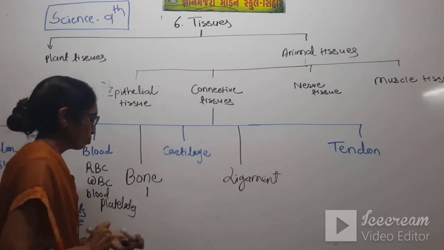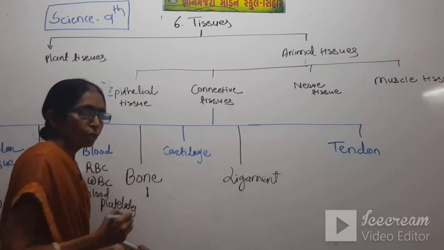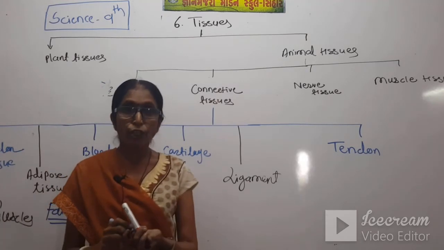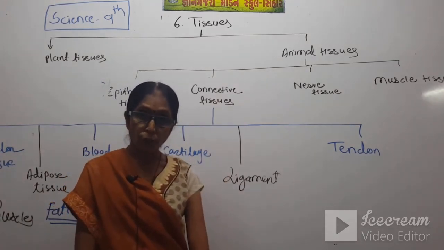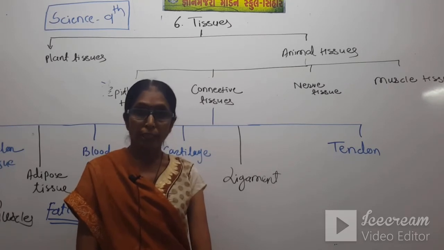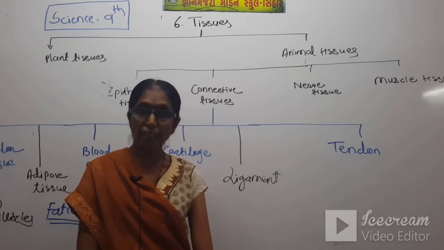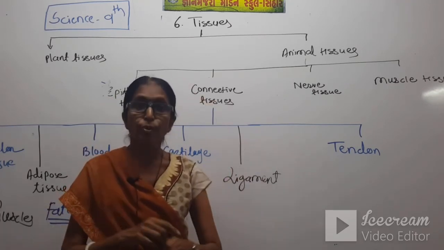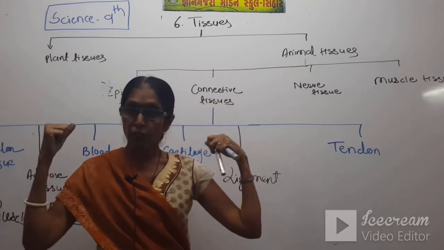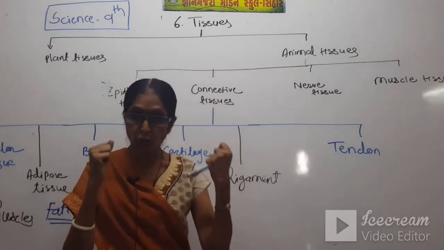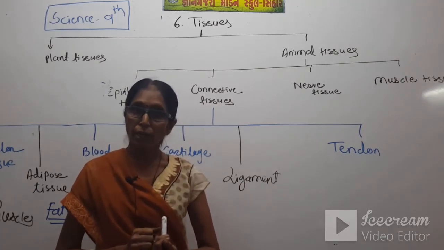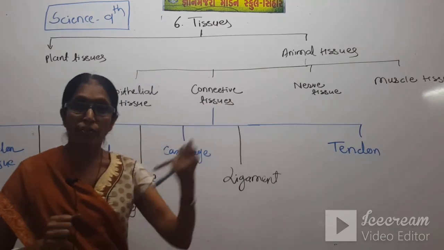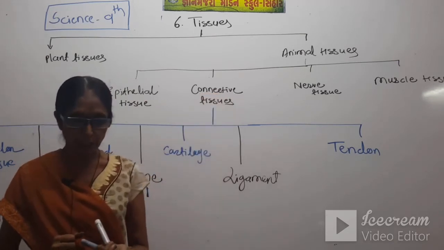Next to that, bone. Students, you know what is the function of bone? It gives shape, and also it does different activities in our body. It gives the shape of our body, the stiffness, the strength to our body. So bone is also a type of connective tissue, students.